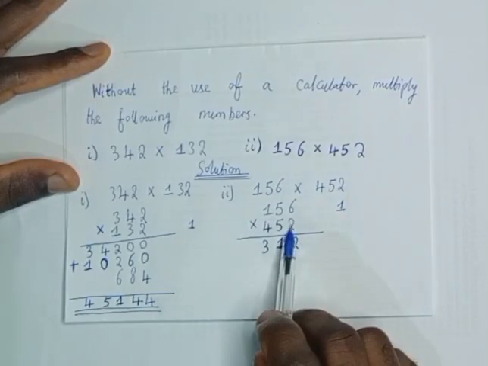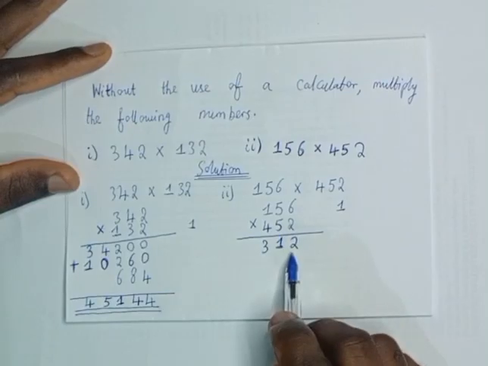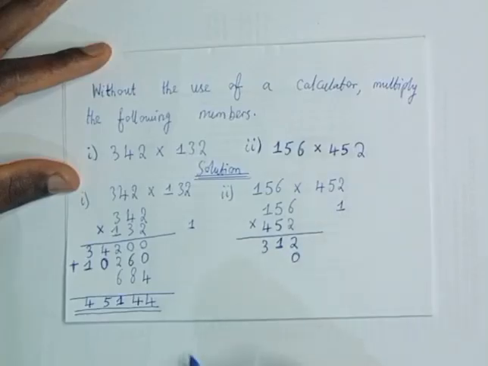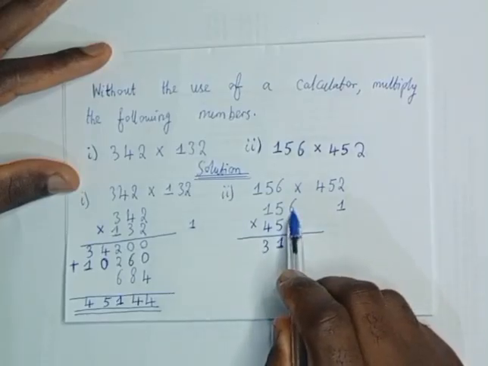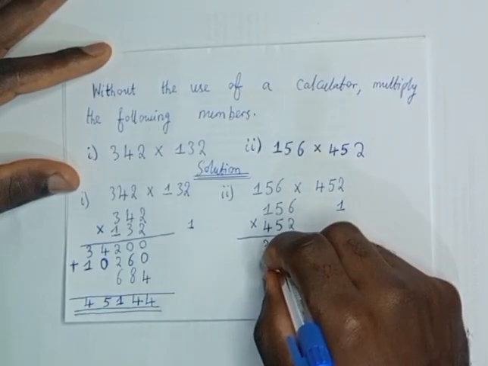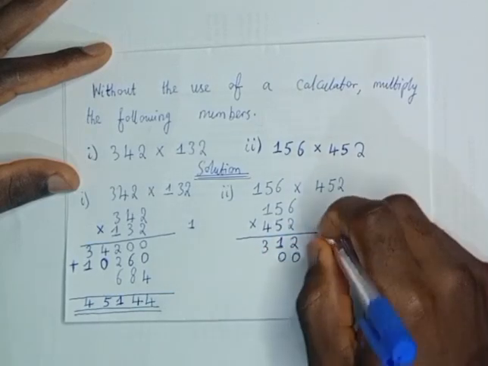We move now to the next digit, which is 5. This 5 has a place value of tens. We are going to fix a 0 under units. 5 times 6 gives us 30. We write down the 0 in 30, which stands for 0 units. Then we carry the 3 tens.